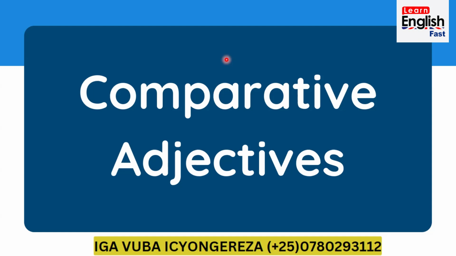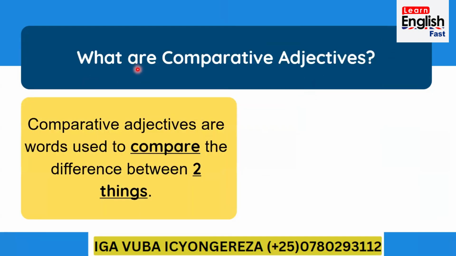Then we are going to learn comparative adjectives. Ni kwiga kugereranya ibintu bibiri, ariko twifashishije izi za adjective cyangwa se amagambo asobanura izina. Let's ask this question. Reka tubaze iki kibazo kivuga ngo what are comparative adjectives? Ubundi comparative adjectives ni iki? What are comparative adjectives?